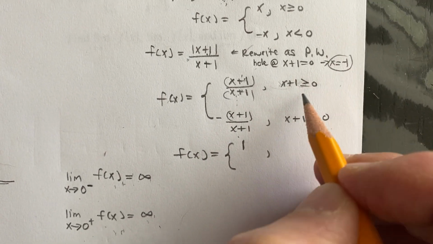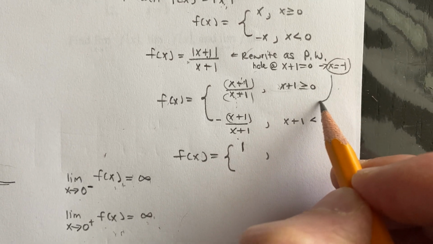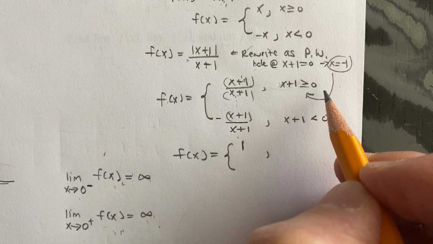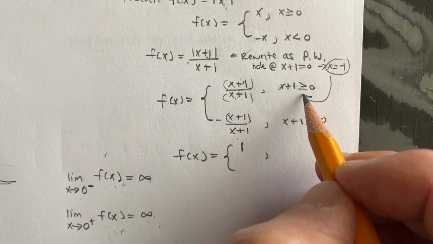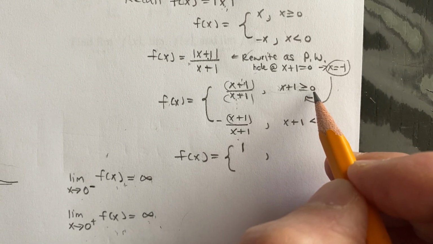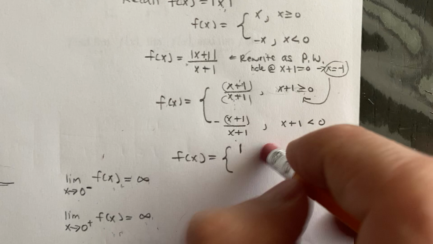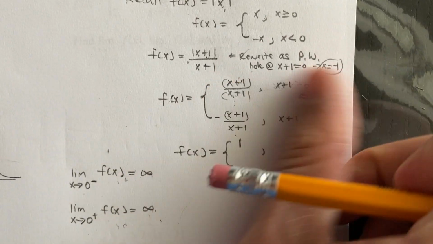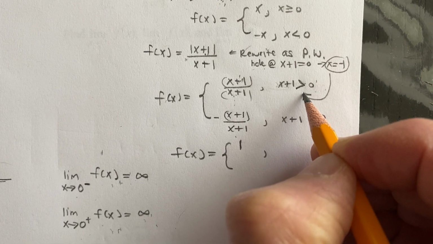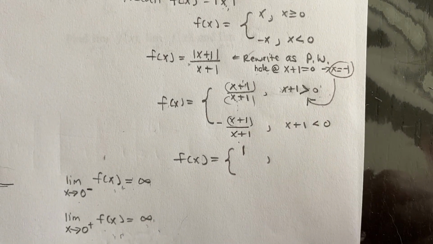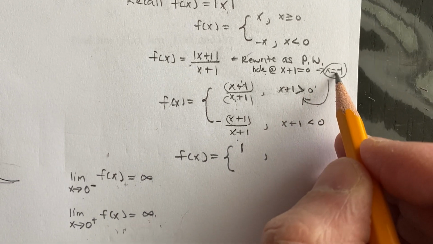Now, if there's a hole at x is equal to negative 1, this means I have to change this. Because if I solve for x, this will be x is greater than or equal to negative 1. I can't have it equal, so I have to get rid of this. Because it can't equal negative 1, because there's a hole at negative 1.